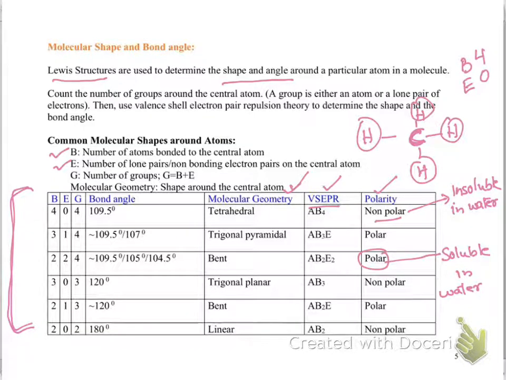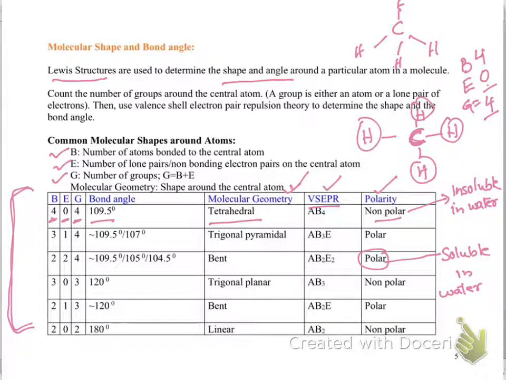Then what is G? G is the number of groups that you get by adding B and E. So 4 plus 0 is 4. So if you have 4 atoms bonded to the central atom, no lone pairs on the central atom, 4 plus 0 is 4, then the bond angle is 109.5, and the shape is tetrahedral. This is the shape of CH4.